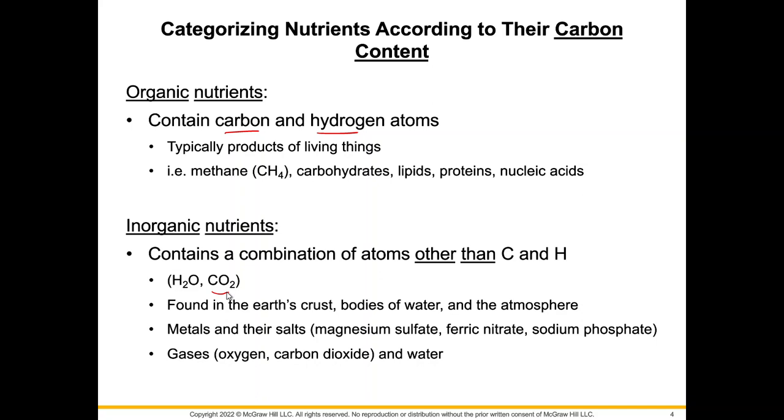And these inorganic molecules of various types are found throughout nature. They're found in the Earth's crust, bodies of water, in the atmosphere, gases such as the carbon dioxide we listed. Oxygen would be inorganic because its chemical formula is O2, no carbon. And metals and their salts would also be considered inorganic nutrients because they do not contain carbon and hydrogen.